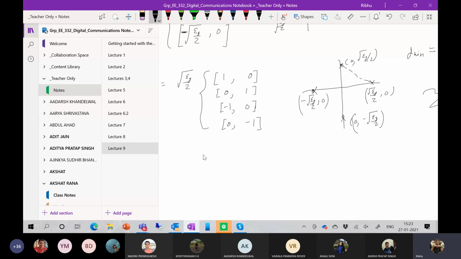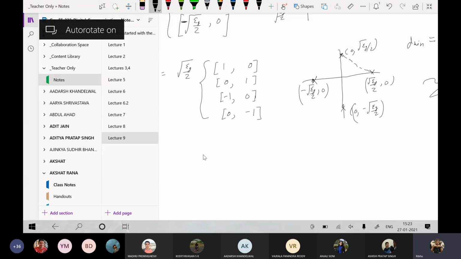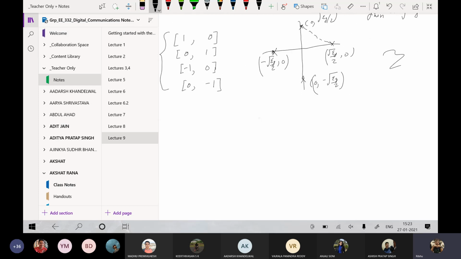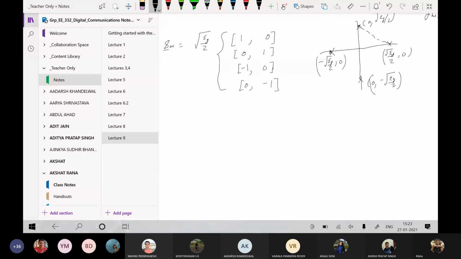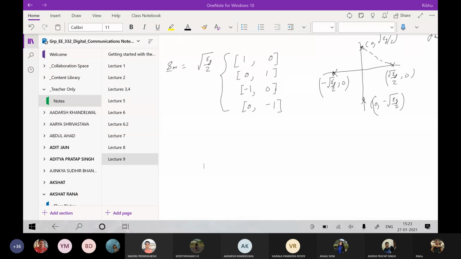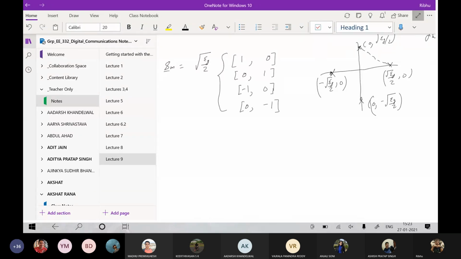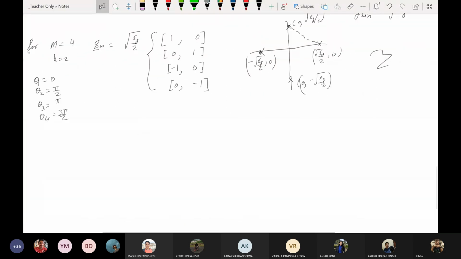Do write this in the course feedback that OneNote crashed too often. Anyway, let's make do with what we have.